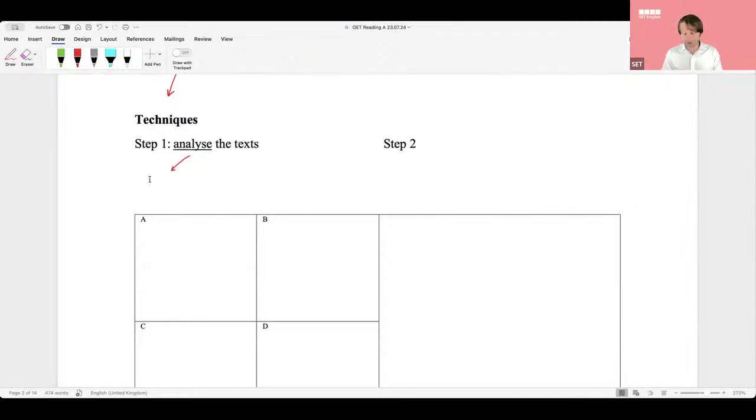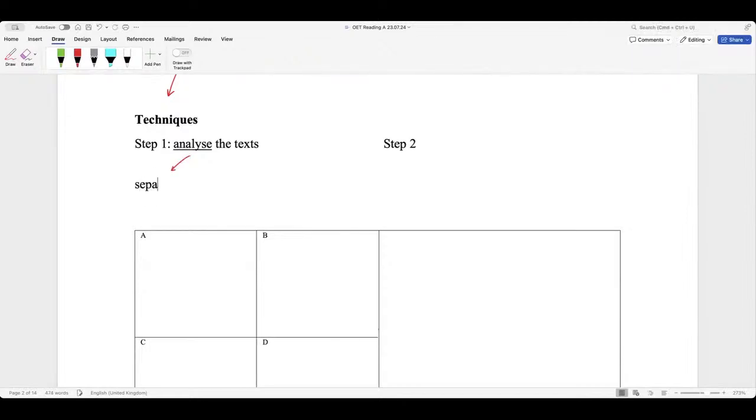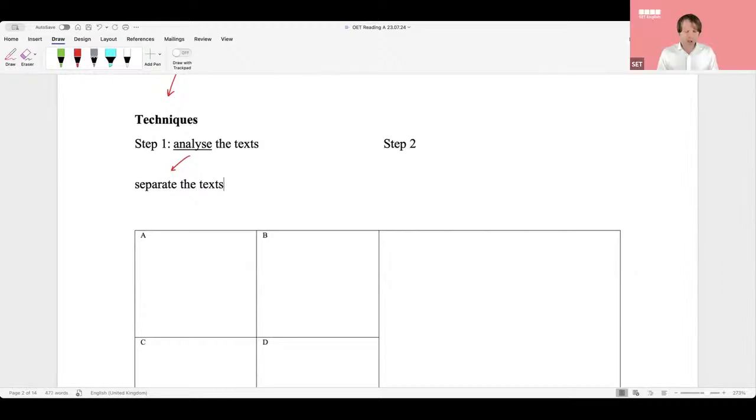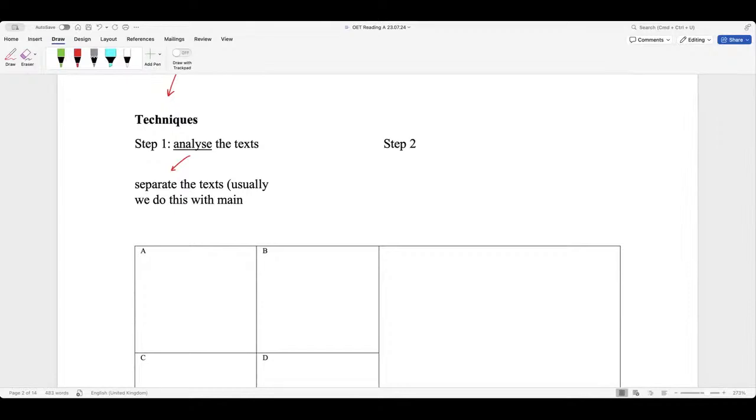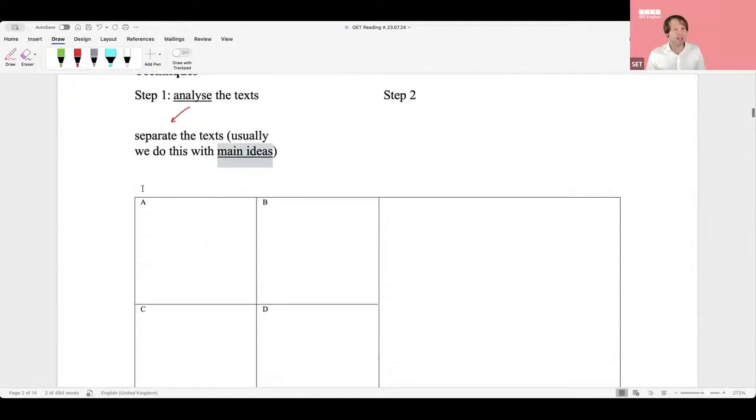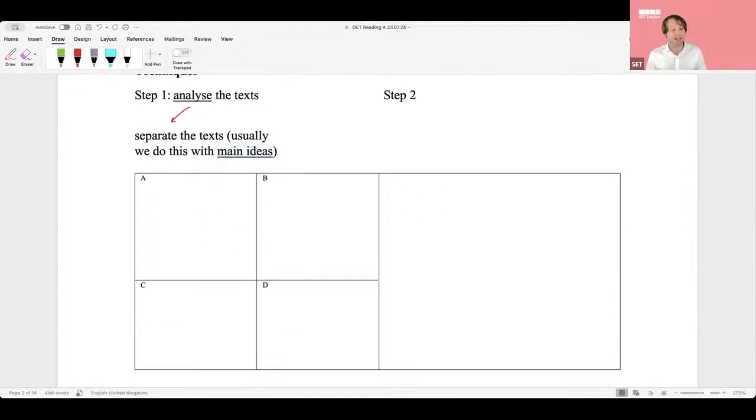Categorize them. Okay, separate text. And usually we do this with main ideas, because there are other ways, but the most important thing is main ideas.